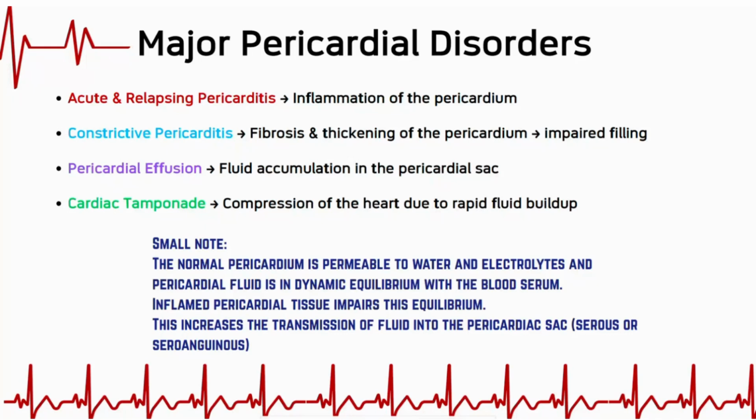So serous fluid, serosanguinous, serum and blood. This kind of impairment of the equilibrium is what actually causes buildup of fluid, and this buildup of fluid can cause your complications, your pericardial disorders.